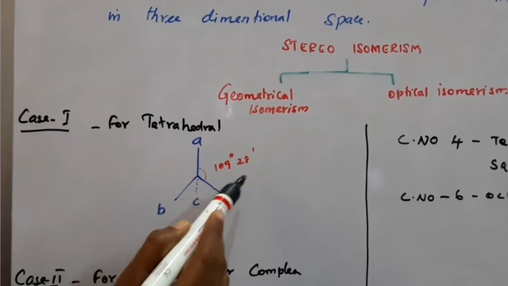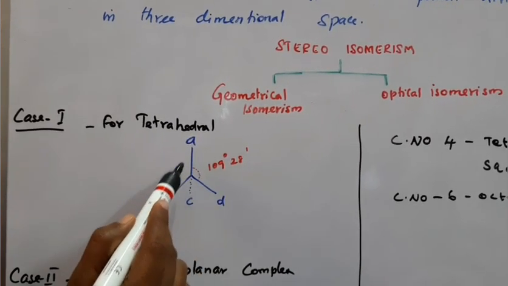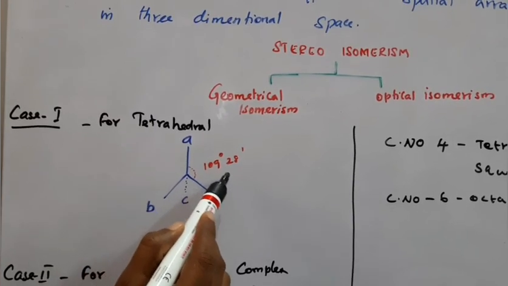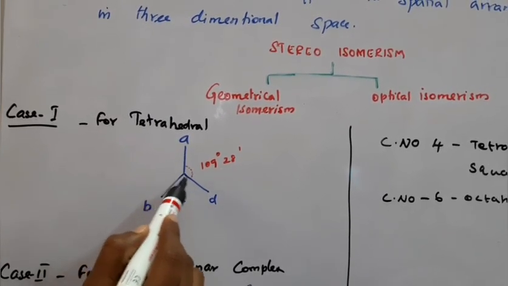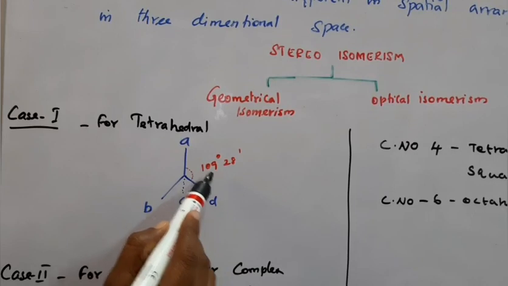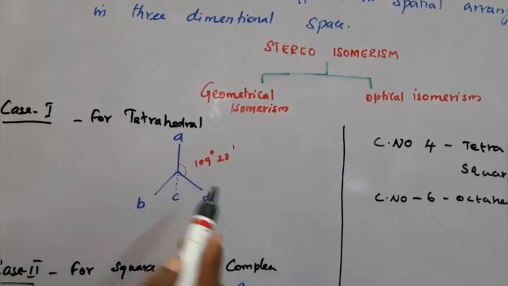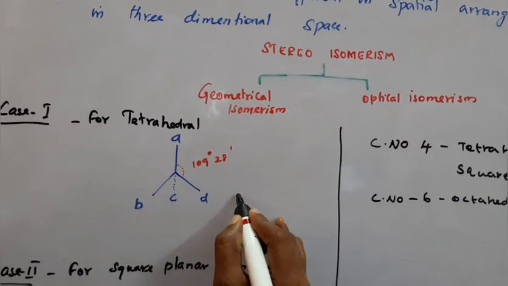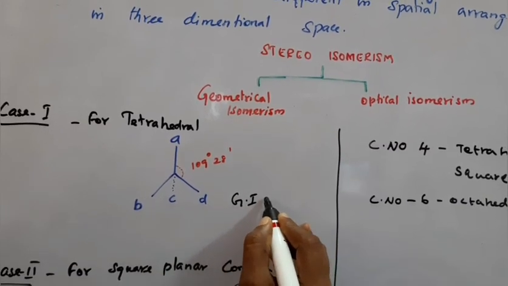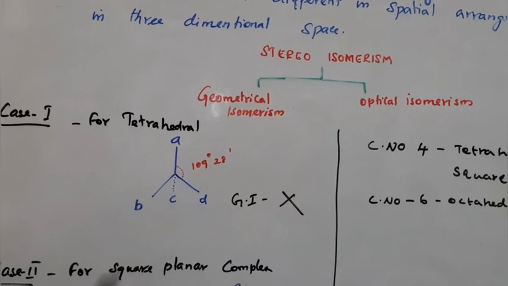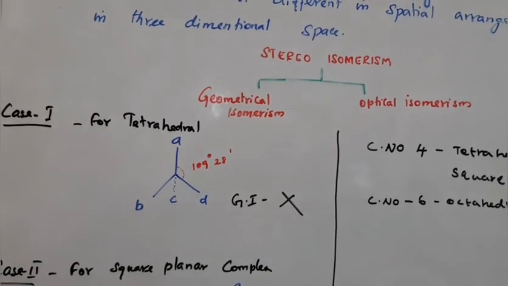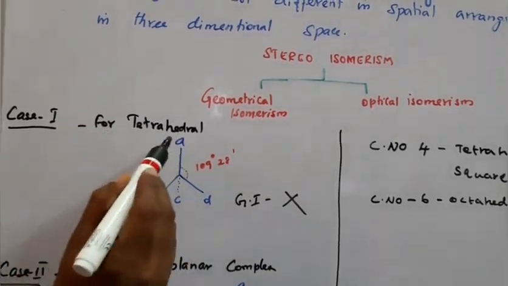Why? Because the bond angle for a tetrahedral complex is the same for all of them, so there is no change in spatial arrangement. So we cannot see geometrical isomerism. There is no geometrical isomerism in tetrahedral complexes.